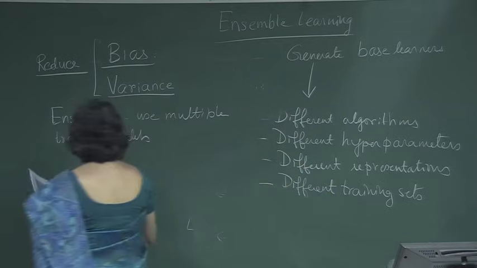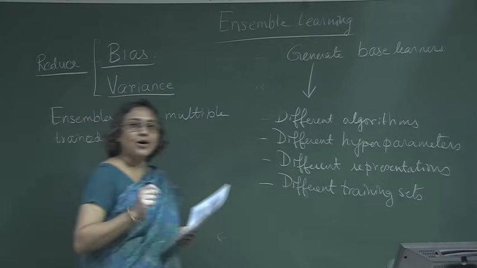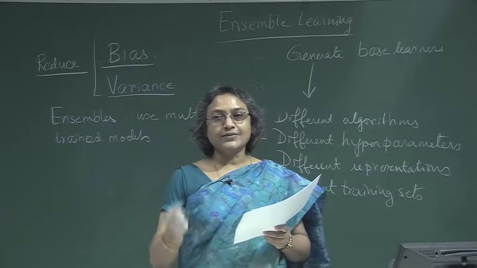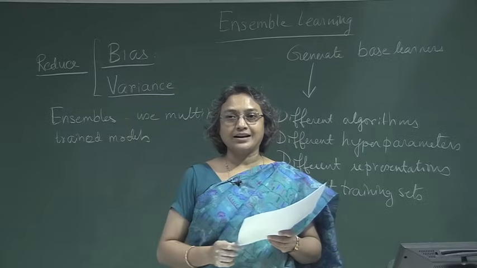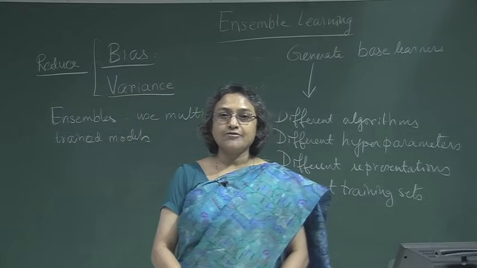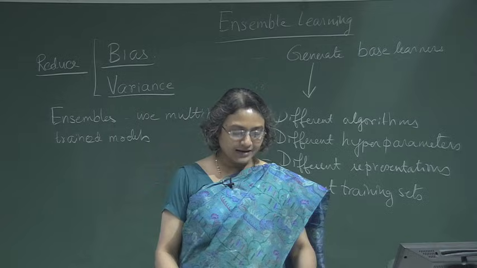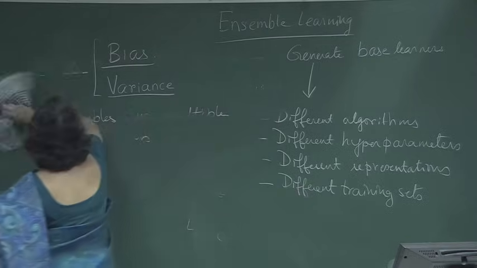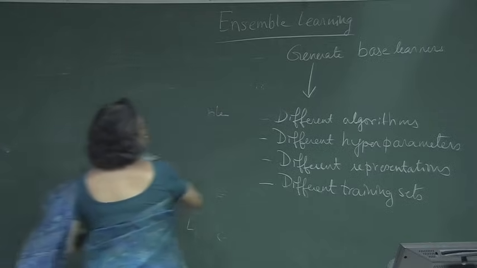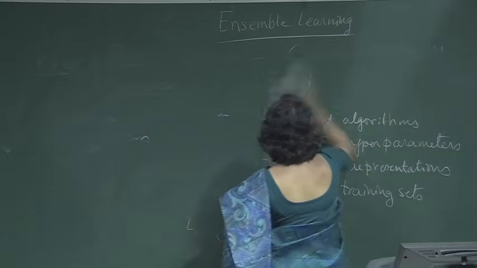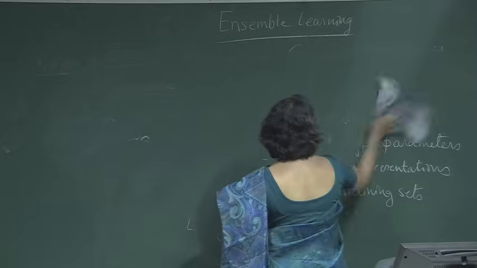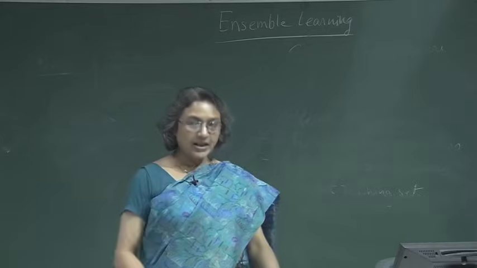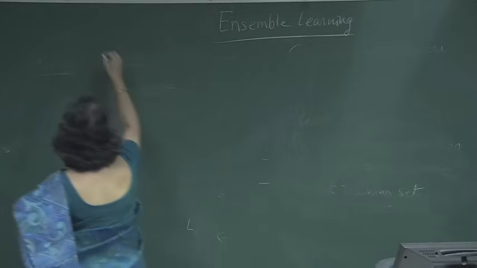And if we achieve low bias, low variance, what does it give us? We will get less overfitting. We will not have to worry about stopping criteria, when to stop, etc. So, the essence of ensembles, by which it achieves this, is by combining different base learners, and these learners may be weak.